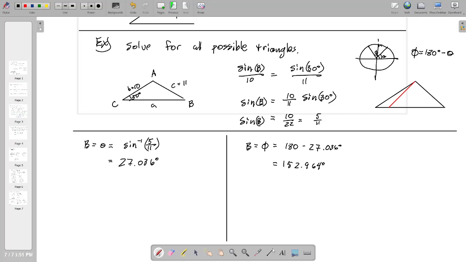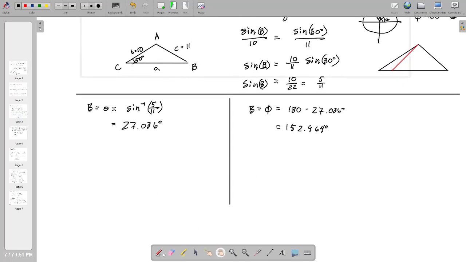Okay. So let's go ahead and continue with this triangle here. So let's redraw it. We have our 30-degree angle. B is 10, C is 11, and then we have this angle, which is 27.036 degrees.